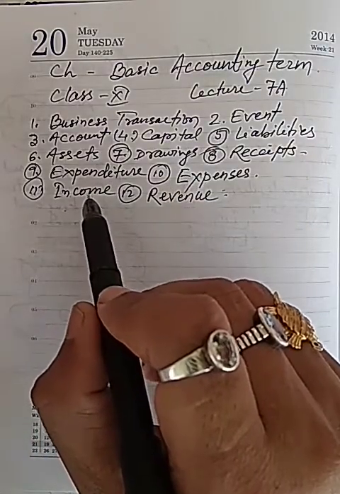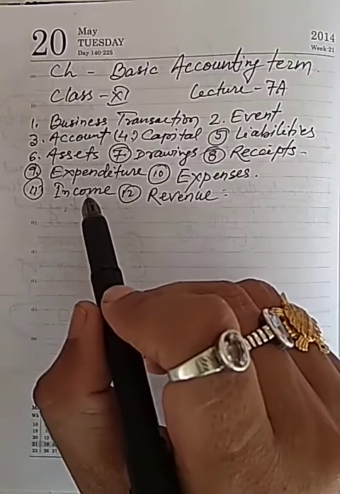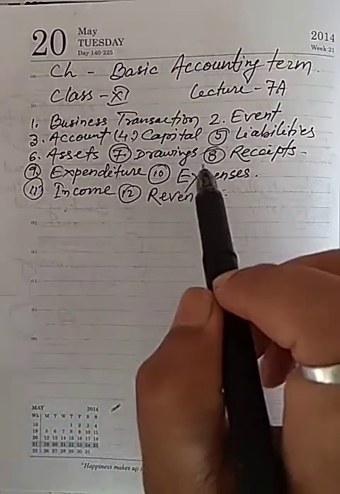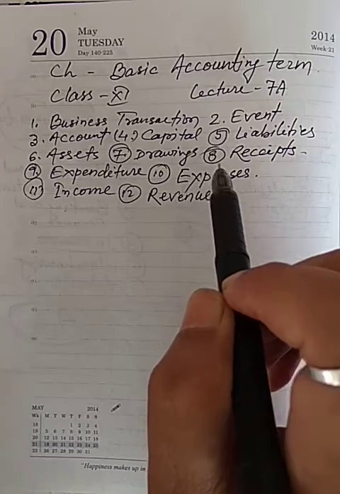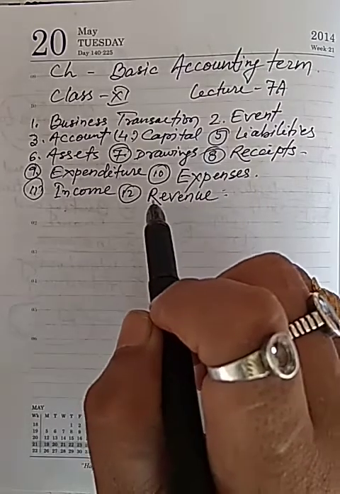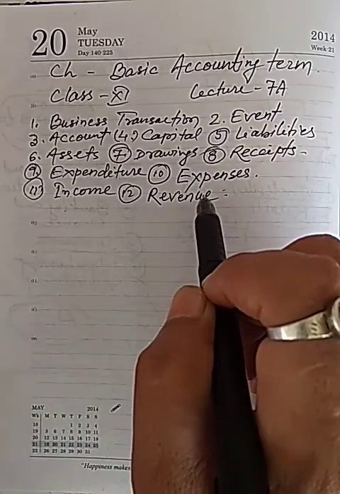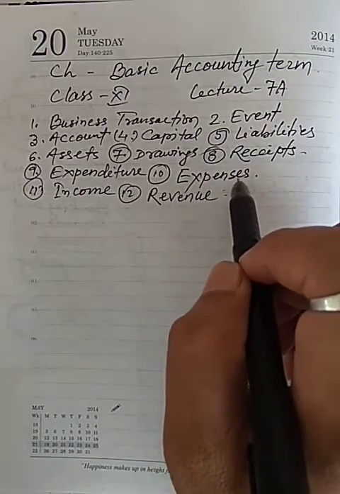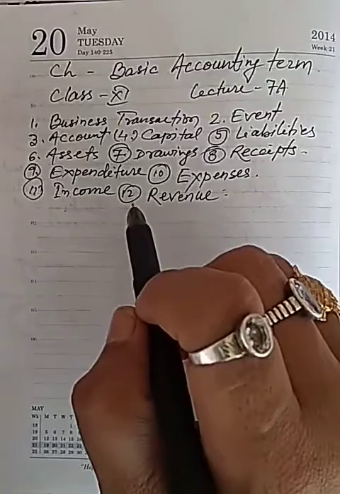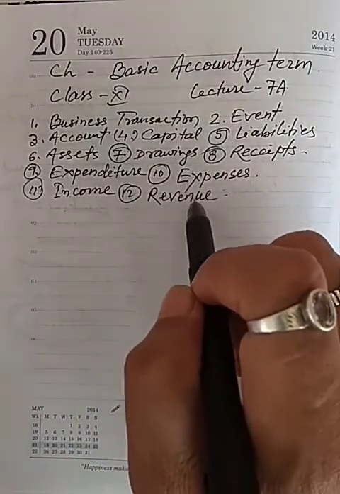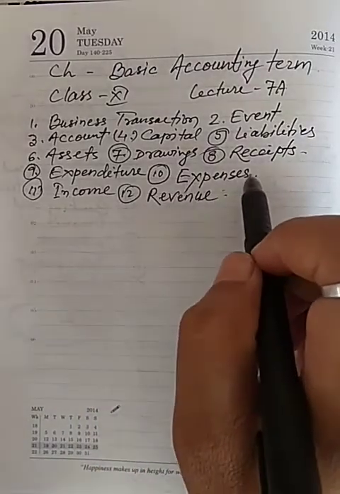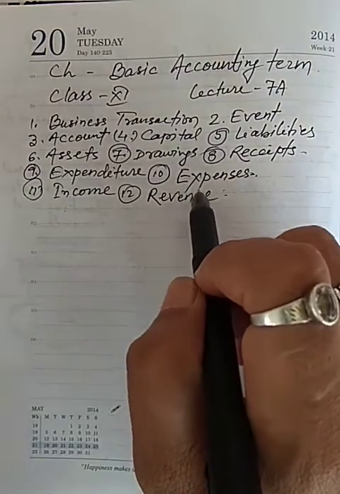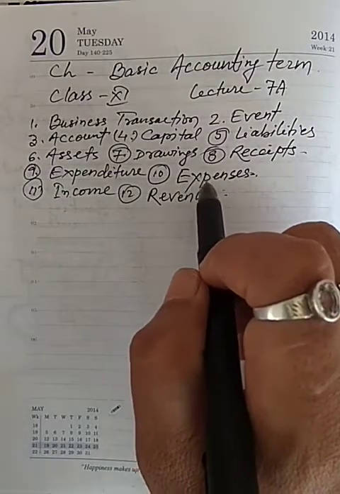Now, for example, suppose goods costing 4 lakh are sold for 5 lakh. Cost is 4 lakh and sold for 5 lakh. 5 lakh will be revenue. Goods costing 4 lakh will be expenses.